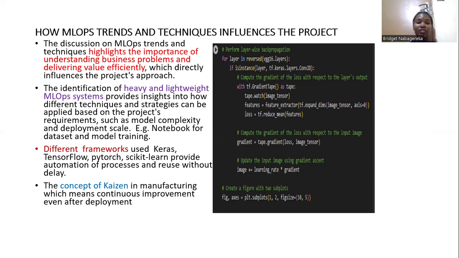And then the identification of heavy and lightweight MLOps systems provides insight into how different techniques and strategies can be applied. So it just gives us that eureka moment, like, oh, this was supposed to be like this. So when you follow that cycle, it gives us that framework, like those steps we need to follow, and it continuously guides us. And then the different frameworks used, like Keras, TensorFlow, PyTorch, and so on.